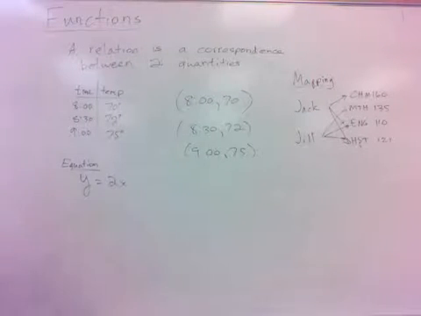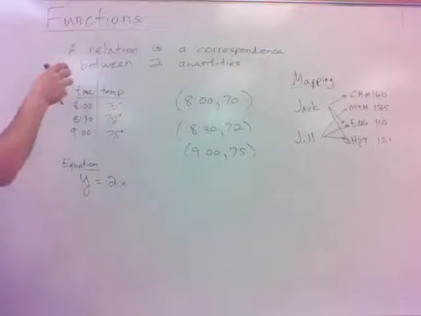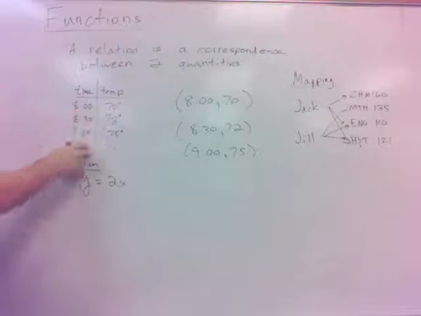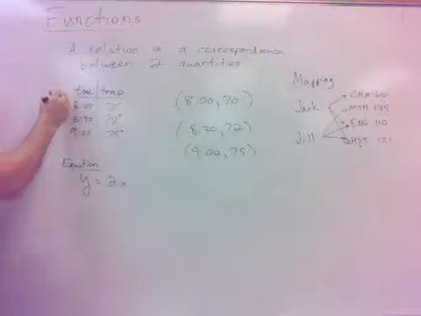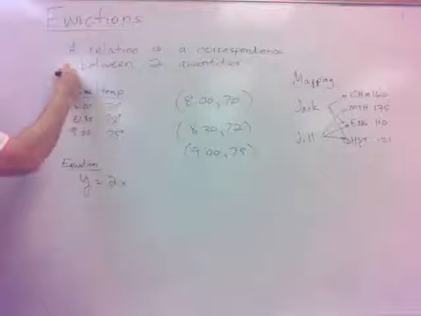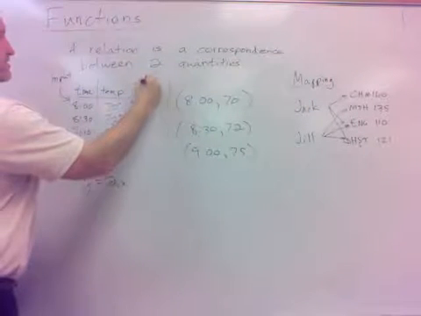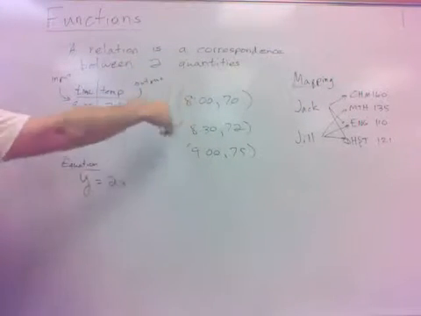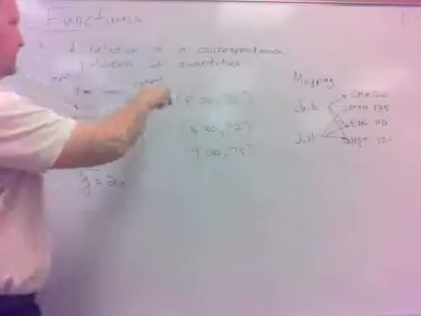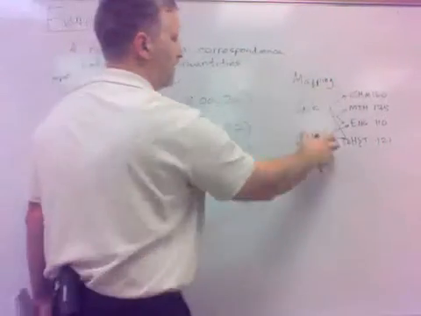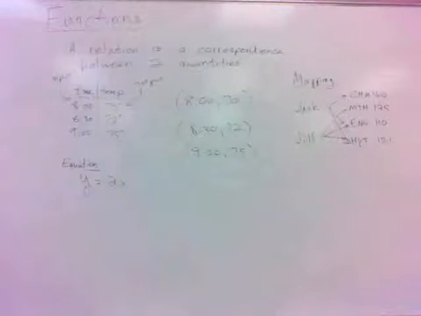Now, another thing let me mention is that on pretty much all of these, the one on the left is your input value, and then the output is the one on the right, at least for the pairs and the mapping. Input's on the left, output is on the right.